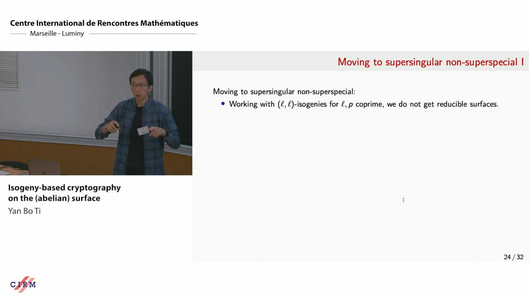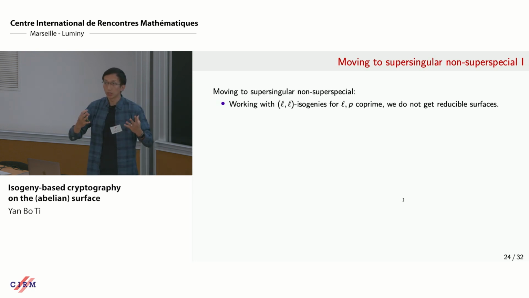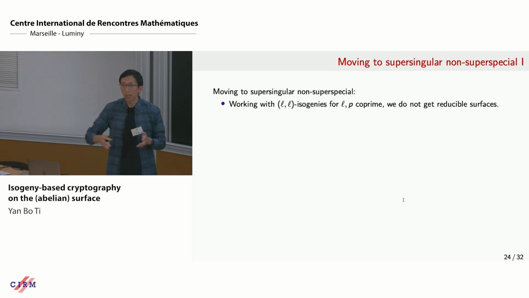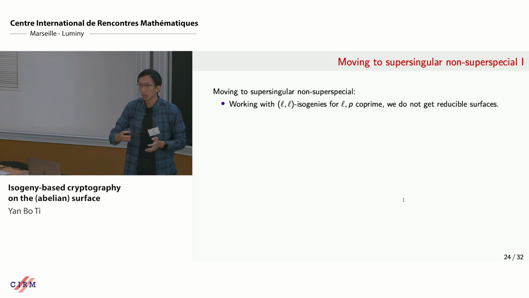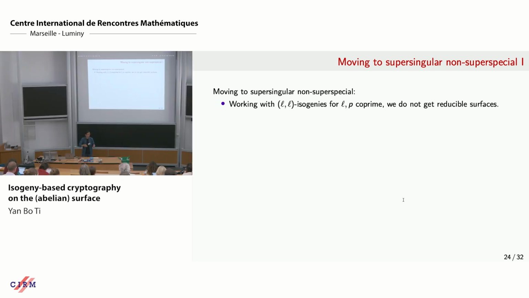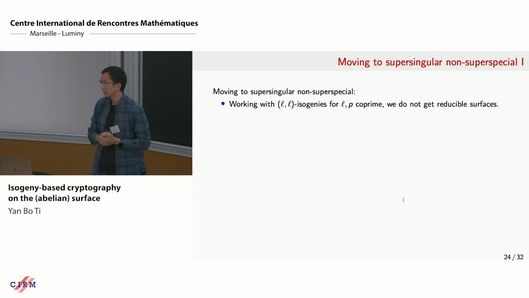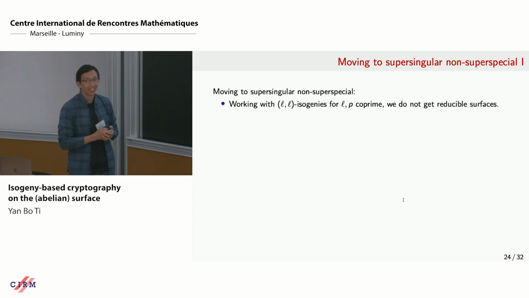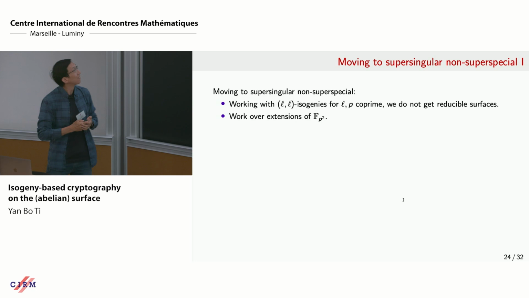The only way you go from the supersingular into the superspecial component is via p-isogenies. And these p-isogenies will be factors of the Frobenius or factors of the Verschiebung. And I have no idea how to compute them. So if you have any ideas how to compute them, please come and let me know. Because it'll be interesting.